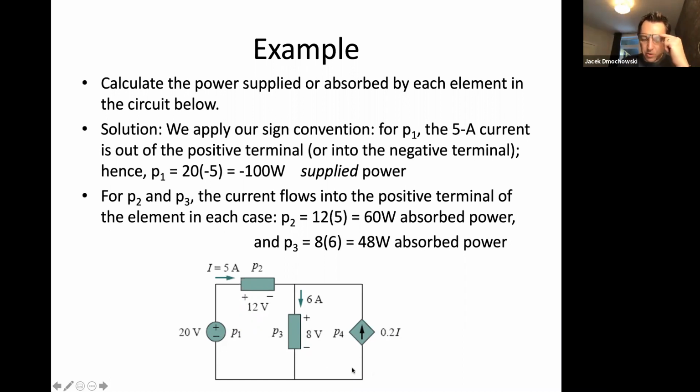And what about the voltage? Now this is admittedly something we haven't yet encountered, what a parallel connection is, but notice that one of the rules of circuits is if two elements have the same connection on both sides, on both the top and the bottom, then they have to have the same voltage. So notice that P3 and P4 are connected by the same node on the top and the bottom, right?